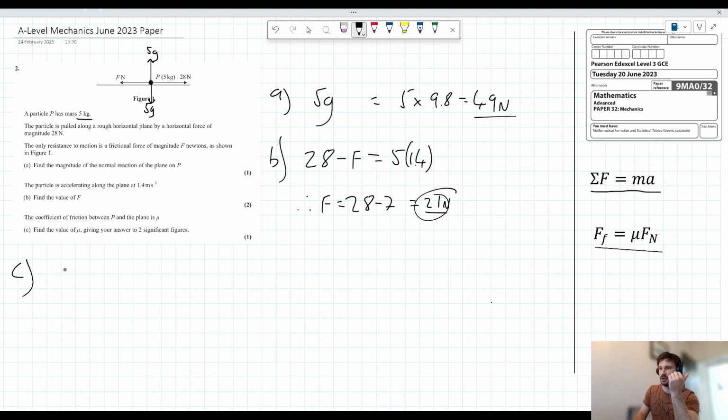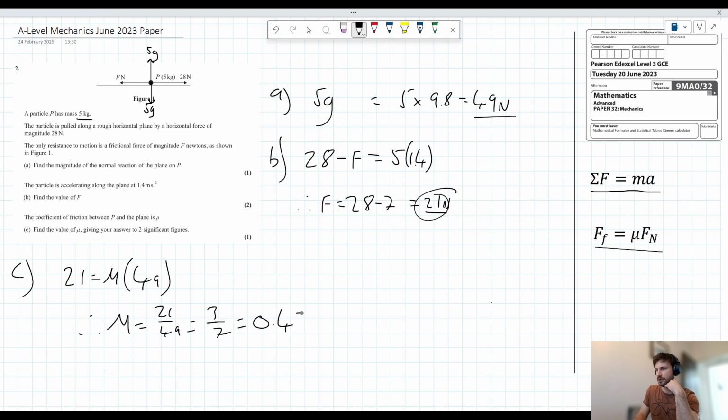Essentially, we can say that 21 is equal to mu times the normal force here, which is 49. Therefore, mu is equal to 21 over 49, which gives 3/7, which gives 0.43 as a decimal.